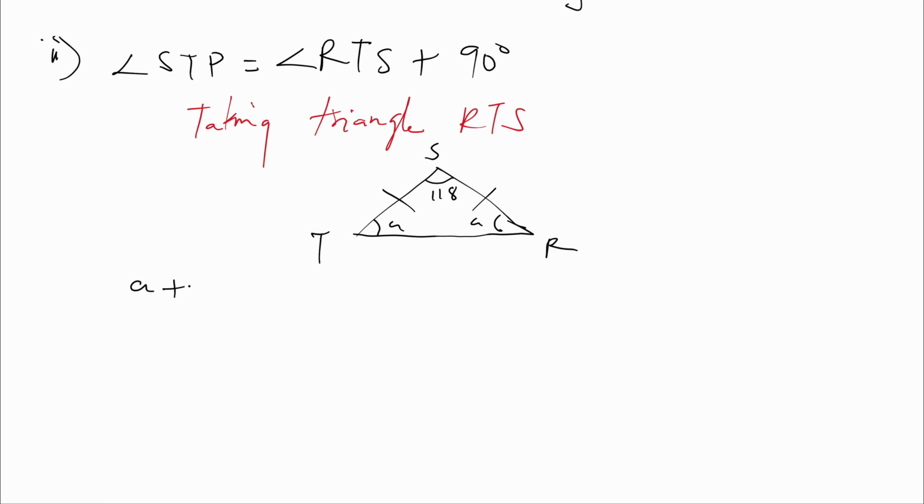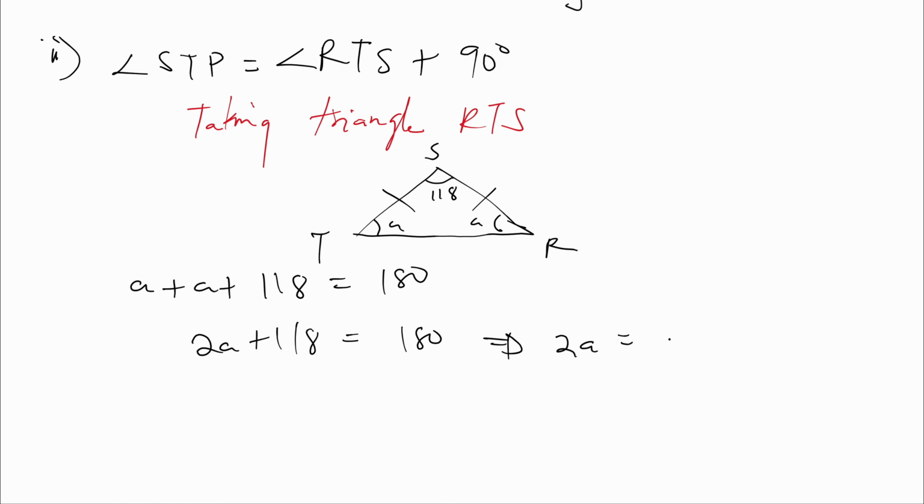then A plus A plus 118 should be equal to 180. So we have 2A plus 118 is equal to 180. Now when we group like terms, we have 2A is equal to 180 minus 118. Now 180 minus 118 will give us 62.